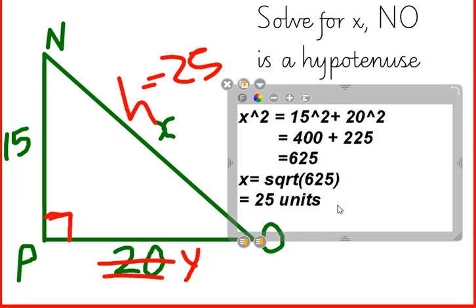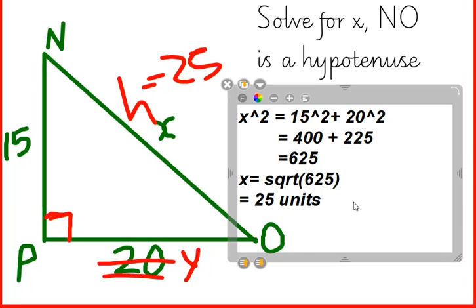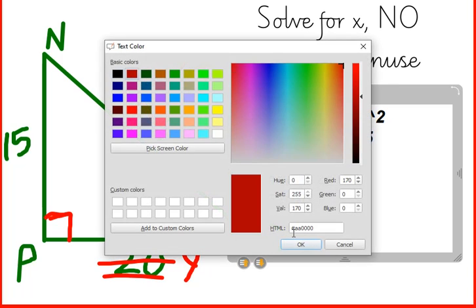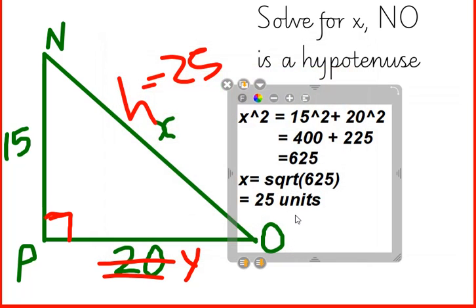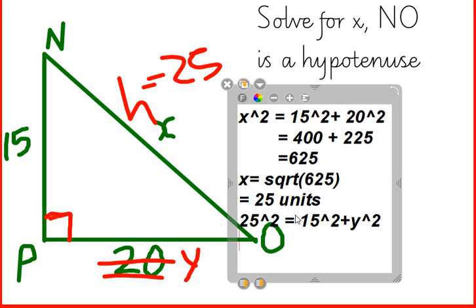I'm just going to write it below. Let me change the color to red since we're working with red values this time around. So we're just going to say 25 squared because that's our hypotenuse. So 25 squared is equal to 15 squared plus y squared, because we don't know what y is. And then we're going to solve it. 25 squared is 625.